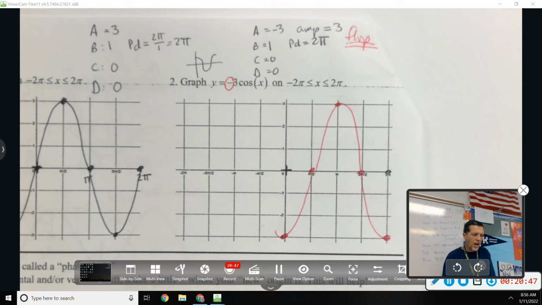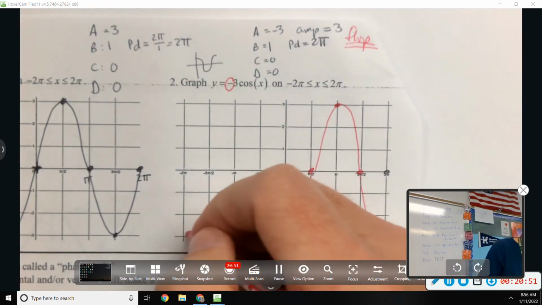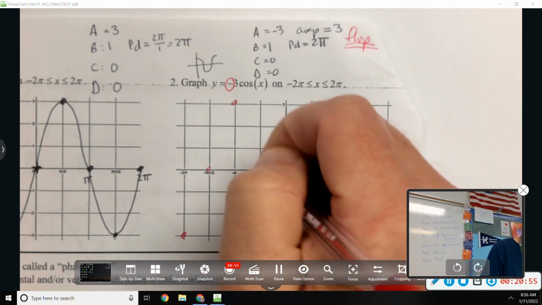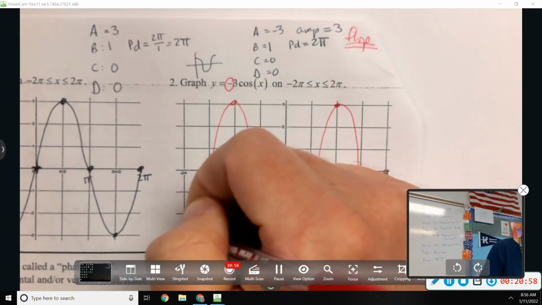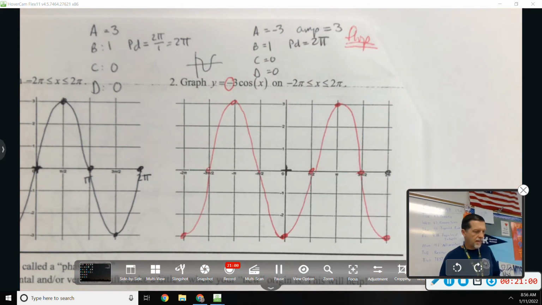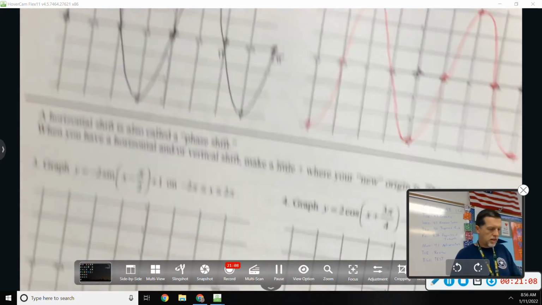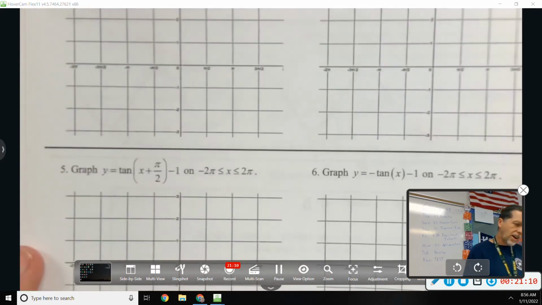And again, graph between negative 2 pi and 2 pi. So let's back up and do the same thing. Let's see if we can get 3 and 5 done.